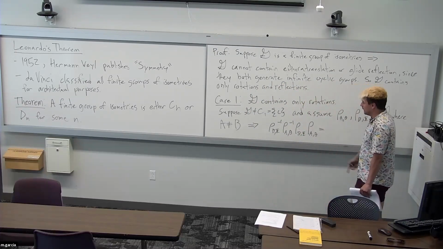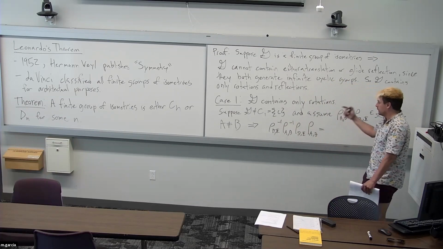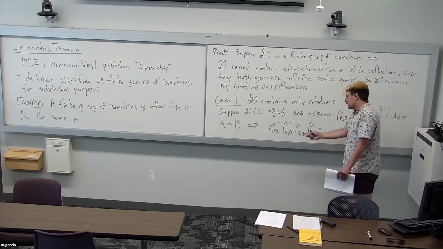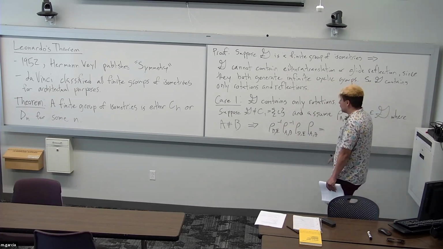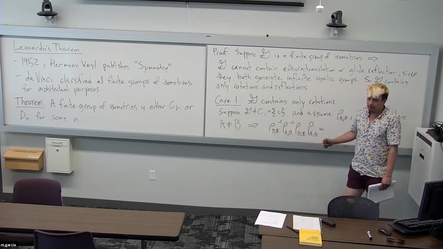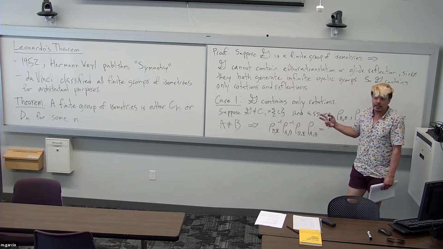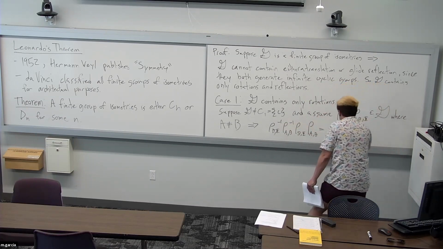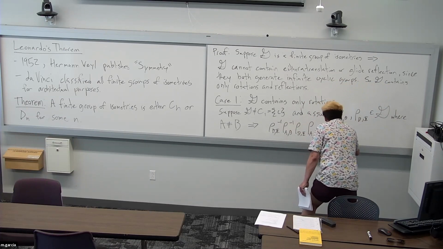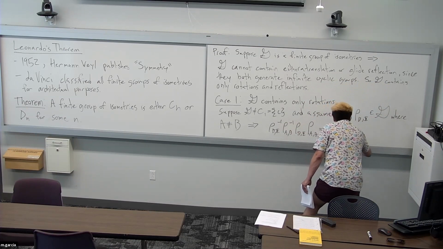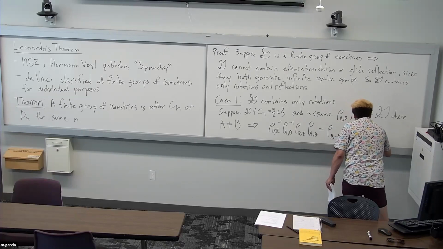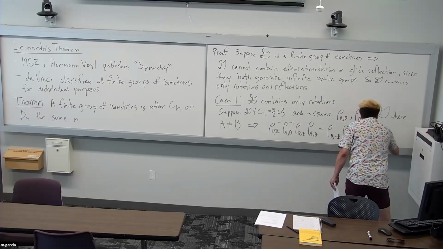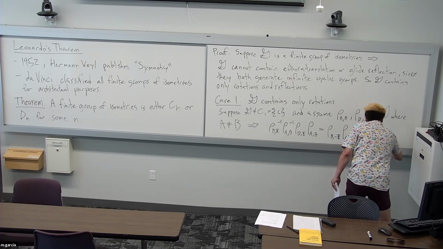Okay, I take the inverse of rho sub b comma phi, the inverse of rho sub a comma theta, times rho sub b comma phi, rho sub a comma theta. Of course, what's the inverse of a rotation? I just make the angle negative, right? So I get rho sub b comma negative phi times rho sub a comma negative theta times rho sub b comma phi times rho sub a comma theta.